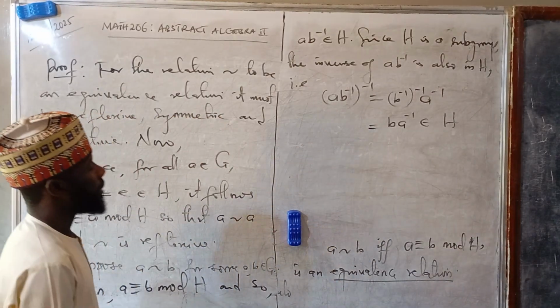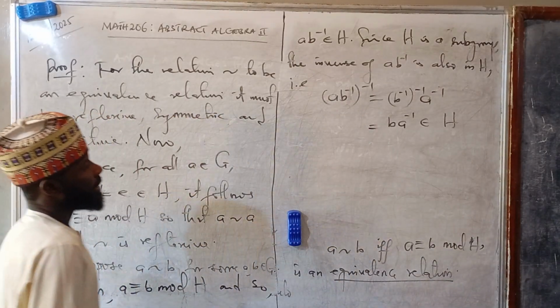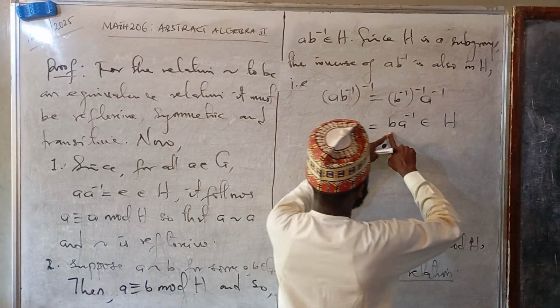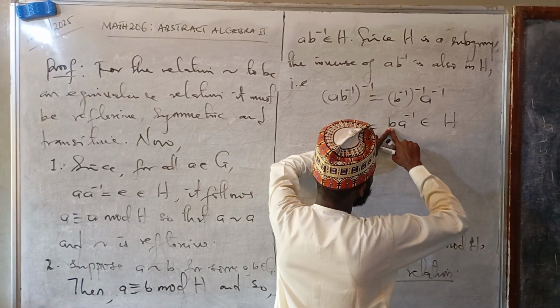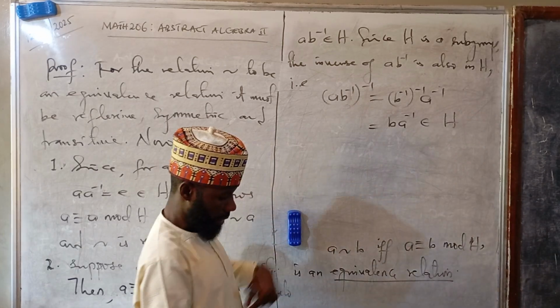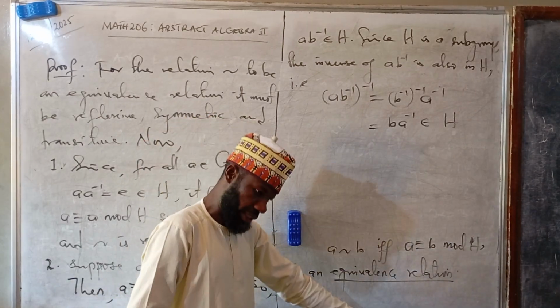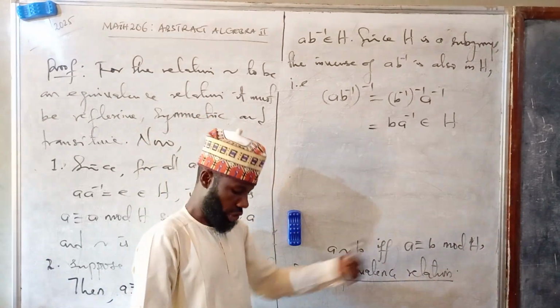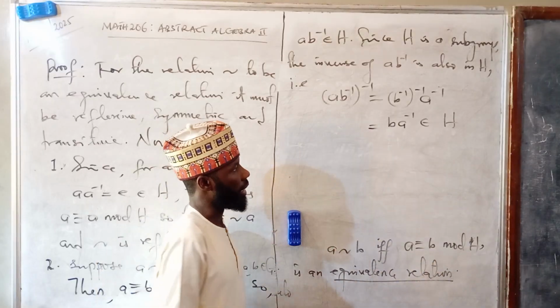Nice. But this is already telling us that B is congruent to A modulo H. Because if the first element times the inverse of the second element is in H, then the first element is congruent to the second element.